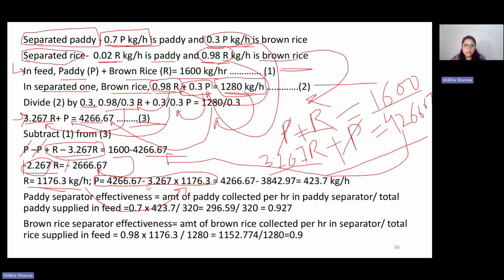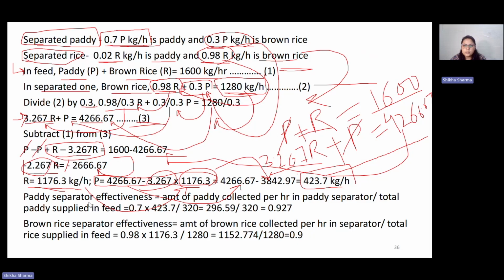So this 3.267 multiplied by 1176.3 would be 3842.97, and that would be subtracted from 4266.67. So we'll get P as 423.7 kg per hour.